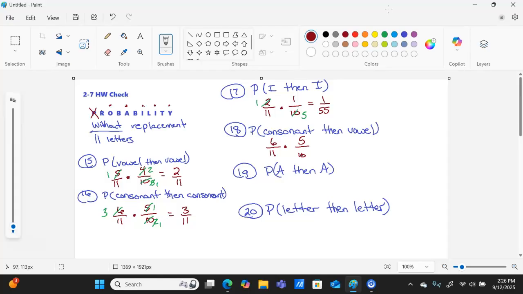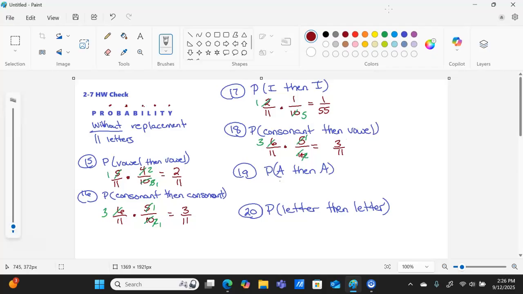I pulled P out. Now there's only 10 cards left, 5 of them are vowels. So doing some reducing, and then 2 will go into 6 3 times. So we end up with 3/11ths on that one.